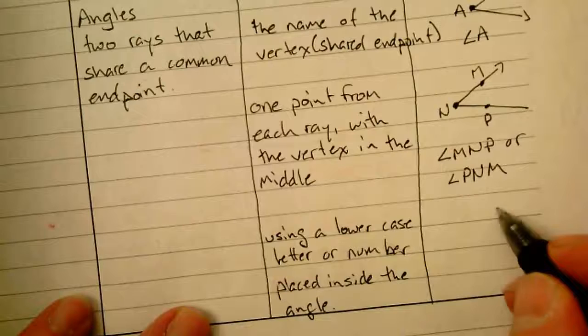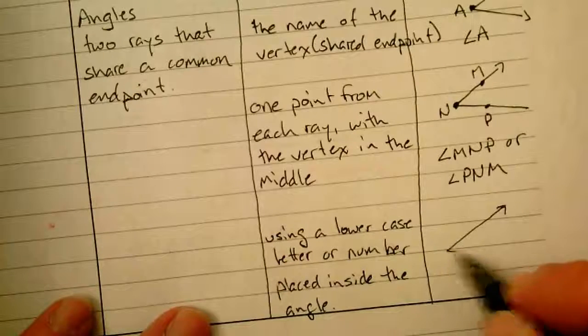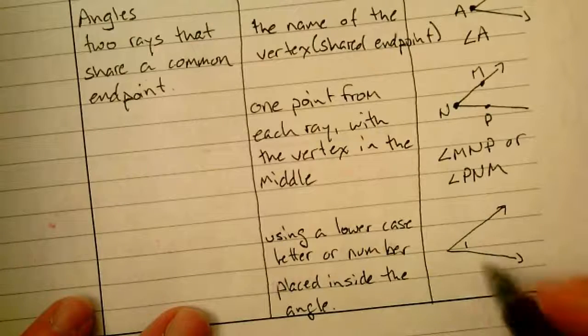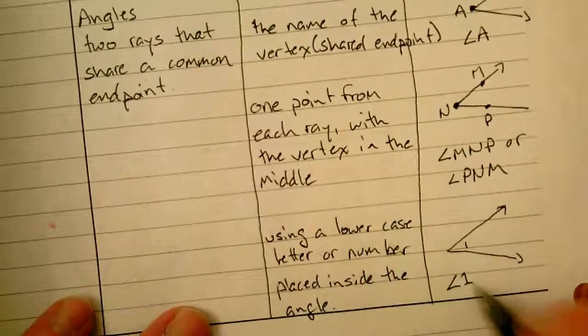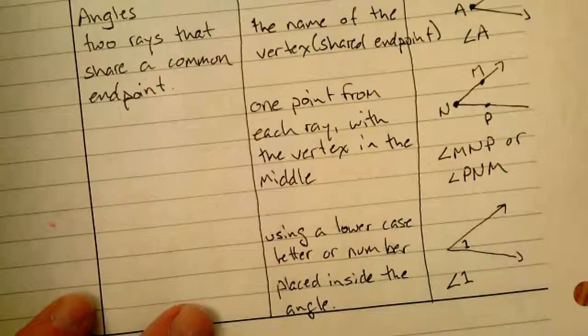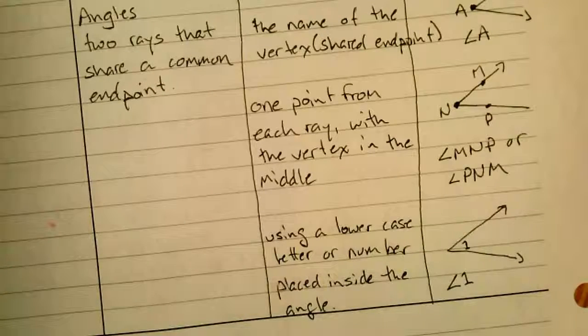So for example, I could call this angle 1 or maybe angle a or angle b. Alright. Good and tight.